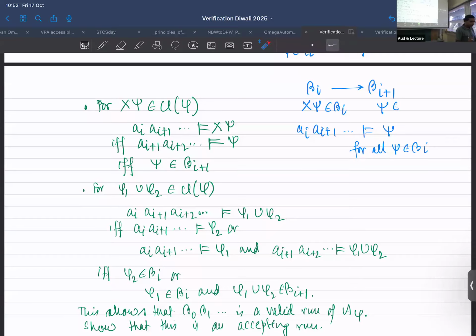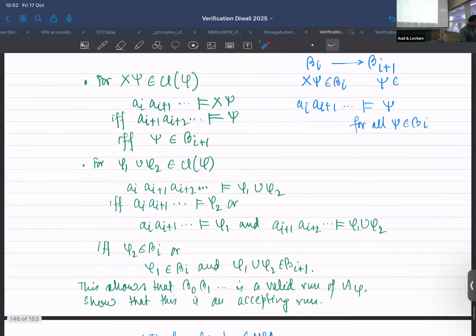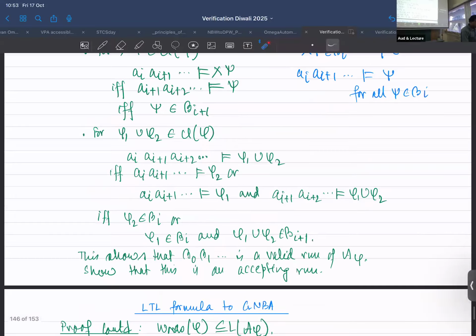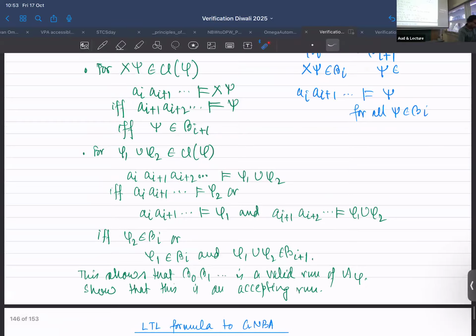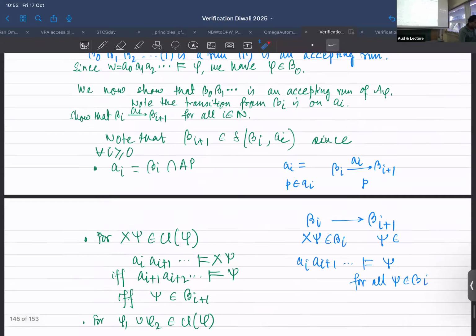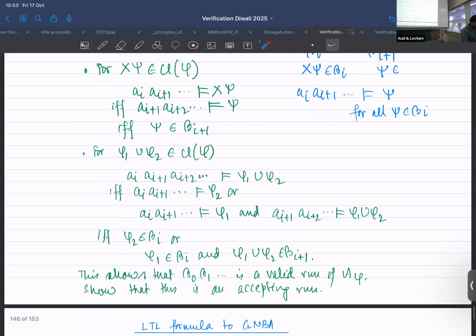Clear? And similarly, now we are also going to talk about phi 1 until phi 2. So we are essentially doing this for all the different kinds of formulas in the closure, trying to show that we indeed have a valid transition.